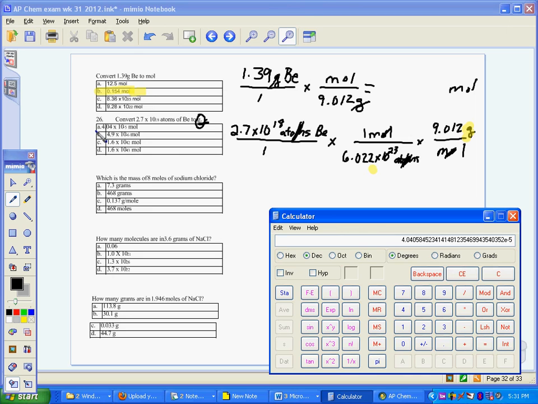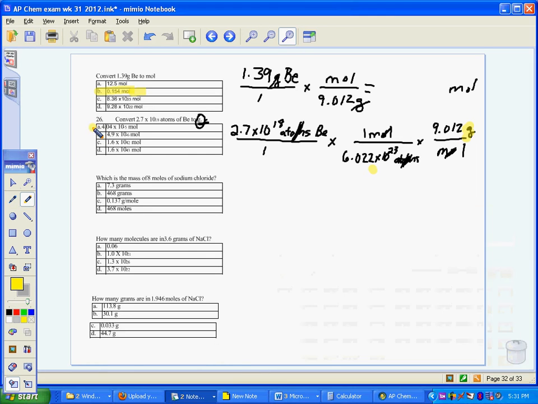Okay, so it should have been this answer, but the problem with this question was I had the wrong units here, so I'll drop that one because that could have caused some confusion for you, so that would be an extra point on the test. But if I would have had grams here, then that question would have been just fine.